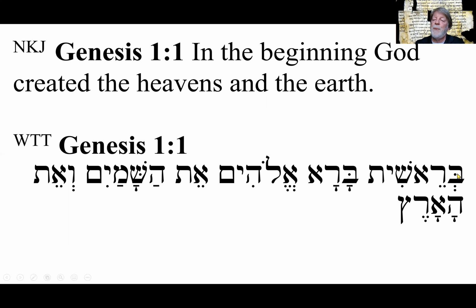So it's bet, resh, aleph, shin, yod, tav, bet, resh, aleph, lamed, he, yud, mem, aleph, tav, he, shin, mem, yud, mem, final form of mem. This is a mem, and this is a mem if it comes at the end of a word as the final consonant.